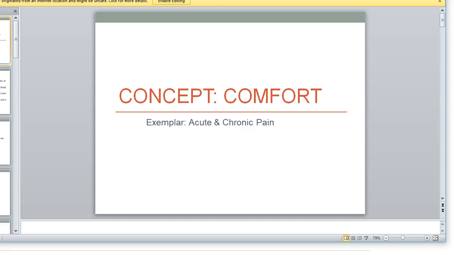As I said before, pain is an unpleasant sensory and emotional experience associated with actual or potential tissue damage or described in terms of such damage. As I said, pain can be either physical or an emotional experience. Physical is a degree of a stimulus, and emotional pain can really depend on that person's mental status.